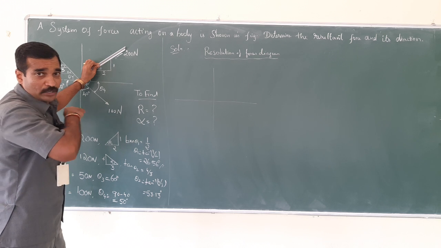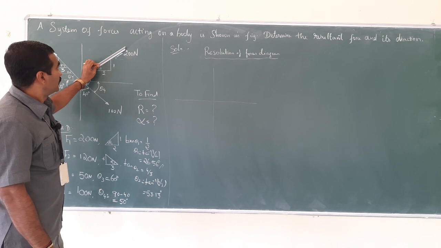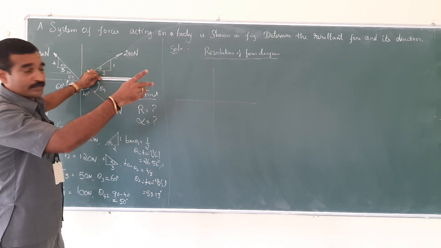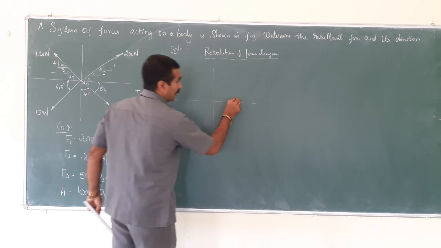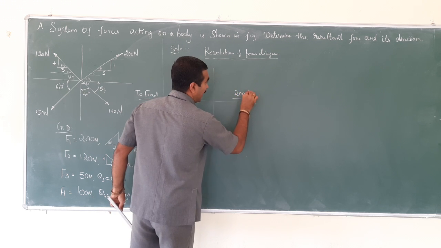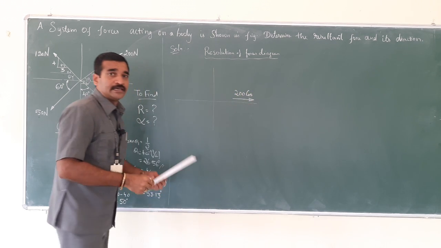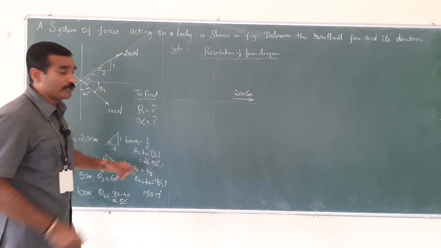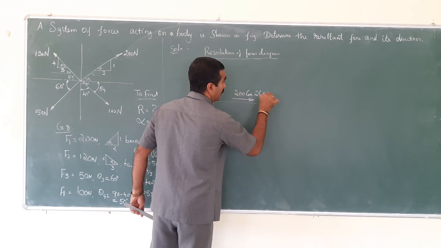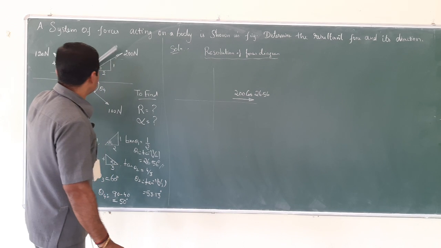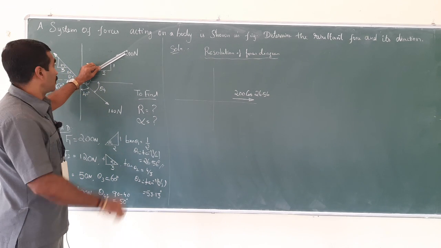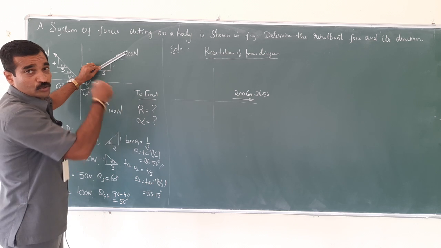If you want to calculate the horizontal component, the near horizontal is this one, so this direction. 200 is the force, and cos, what is the angle? The angle is 26.56. So inclination is 26.56. This is near horizontal, and what about its near vertical?